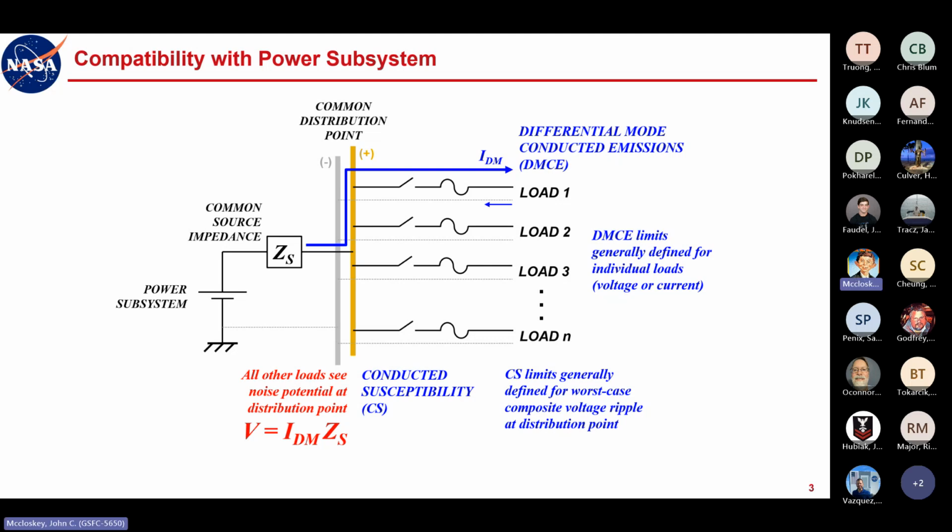So the conducted susceptibility limit really is the thing that your load is going to see. You could say that's an apples to apples comparison with the behavior of the spacecraft, where a conducted emissions limit is for an individual load, and it's just going to be one part of the composite ripple that will be seen at the distribution point.